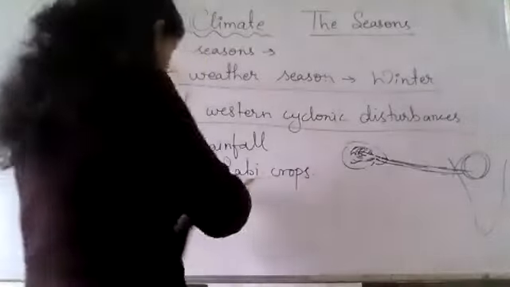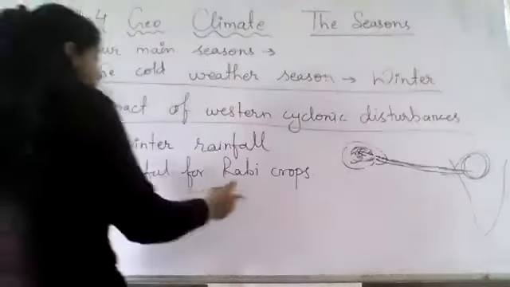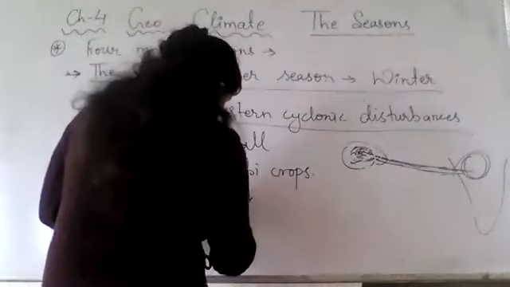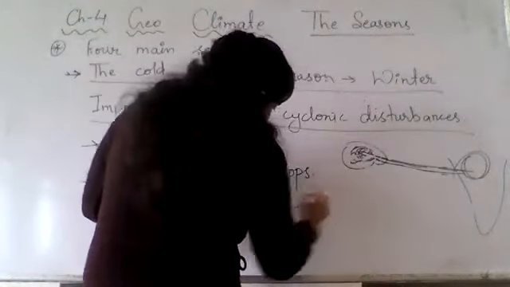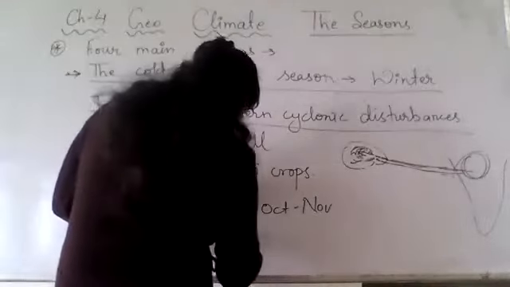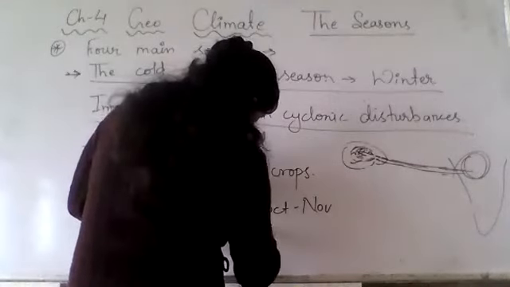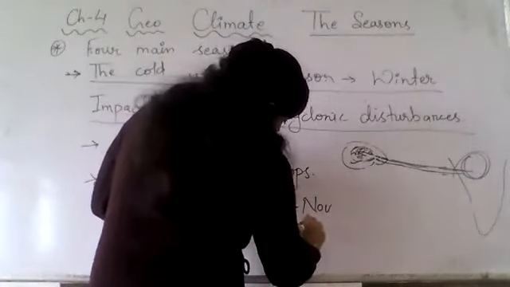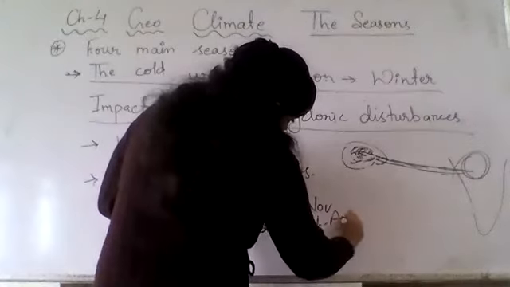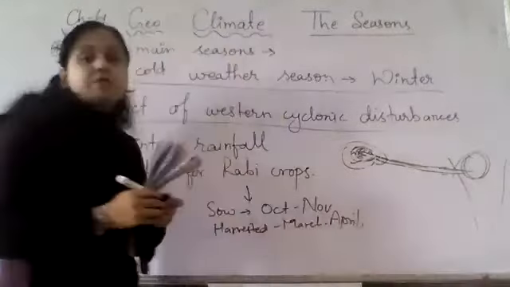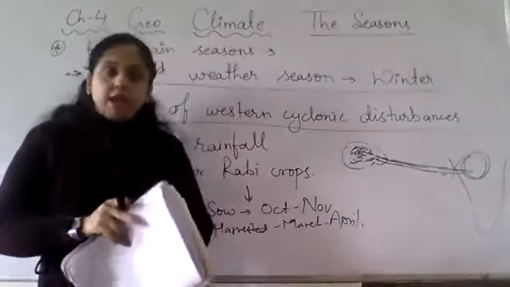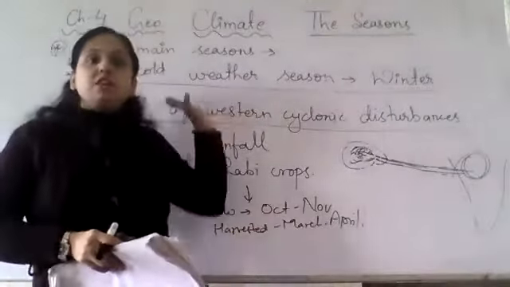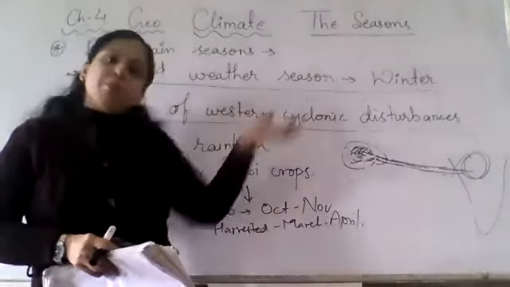These rabi crops are sown in October and November, and they are harvested in March, April. Okay. So anyways, in winter we have a dry season. Because northeasterly winds are blowing, they don't bring moisture.